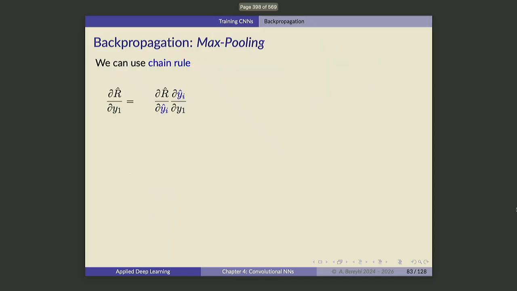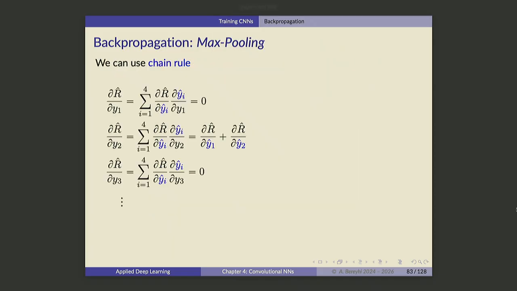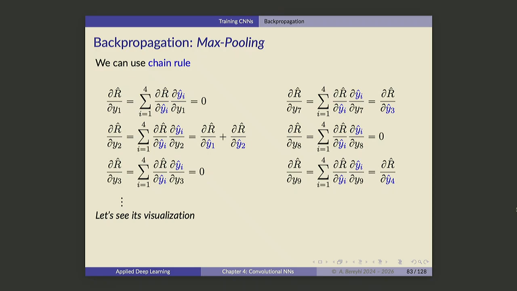Okay. So this is going to be the case. So you can keep on writing down every single gradient using the chain rule. And then you have all the gradients with respect to input. Obviously, those which are not being pooled simply get back gradient 0 because they do not impact the loss anyway. And those which are being pooled are going to pass backward some gradients.